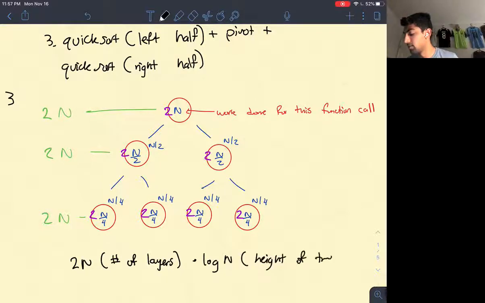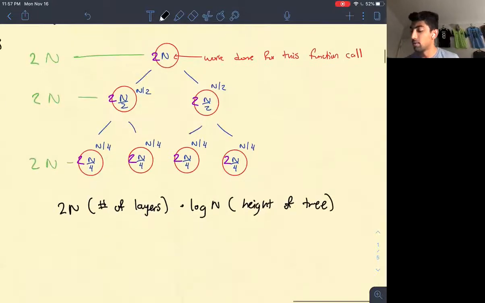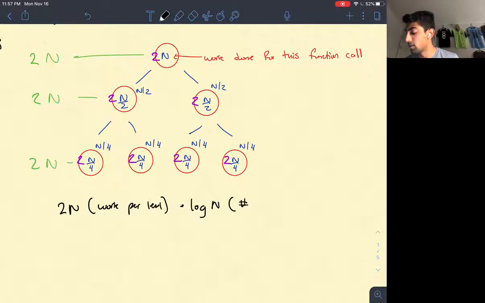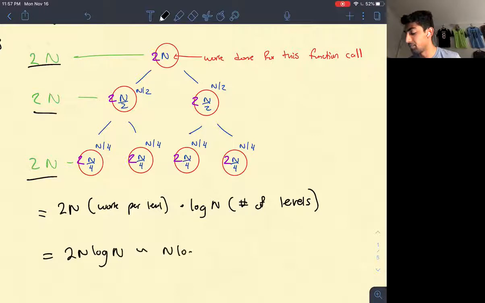Okay, this is not completely correct. 2n is the work per level, and log n is the number of levels. So our runtime is going to be 2n log n, which is the same as n log n.